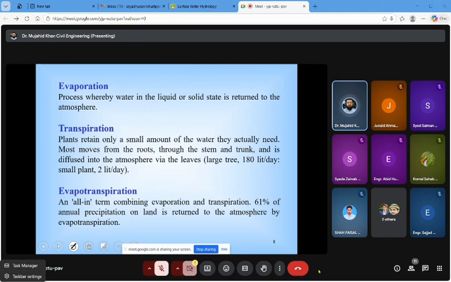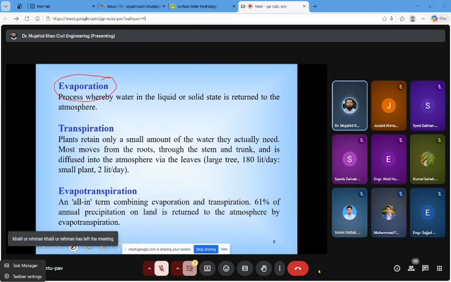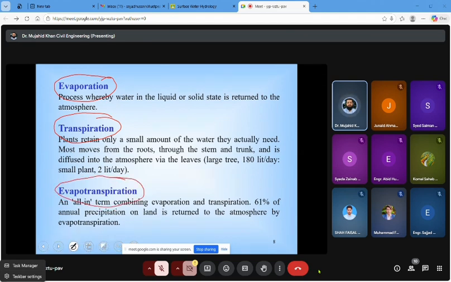Evaporation is the process by which the liquid or solid state is returned to the atmosphere, and transpiration is the evaporation from the leaves of plants. Normally we have separate models available for evaporation, for transpiration, and for evapotranspiration as well.